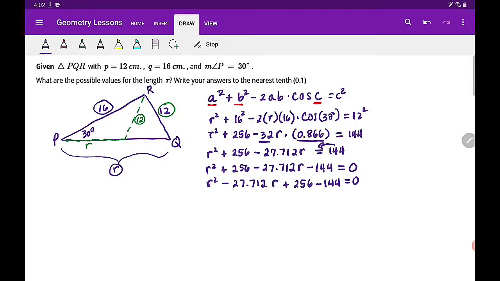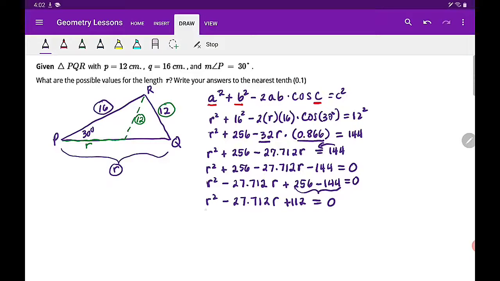Okay, so now we can combine 256 and 144. So it's going to be R squared minus 27.712 R. 256 minus 144 is equal to 112. Okay, 112 is equal to 0. So if you notice, we have a quadratic equation here.